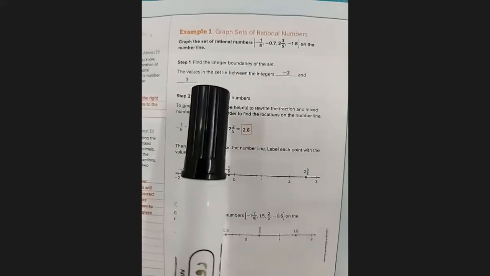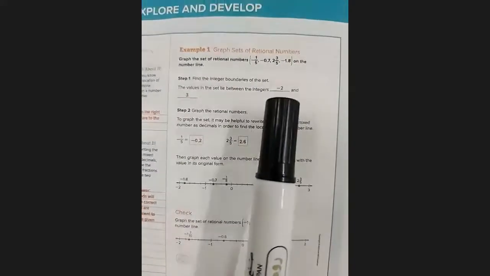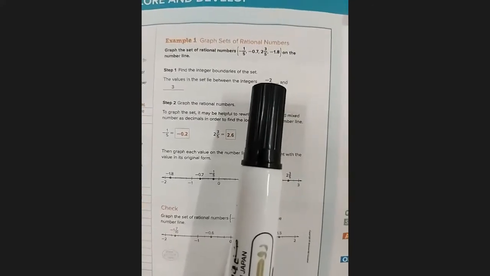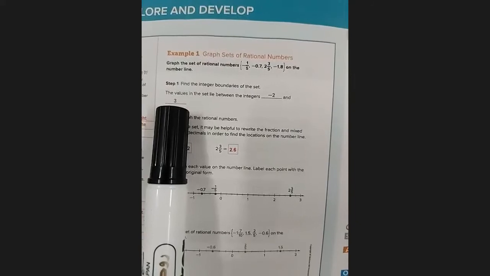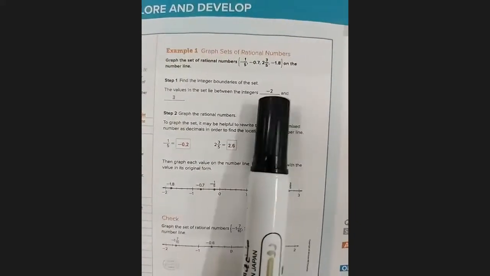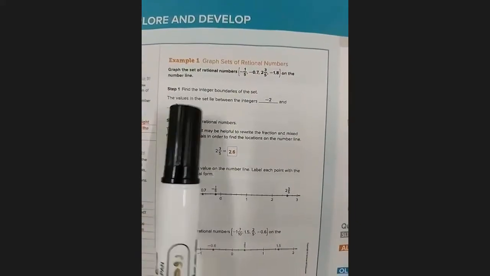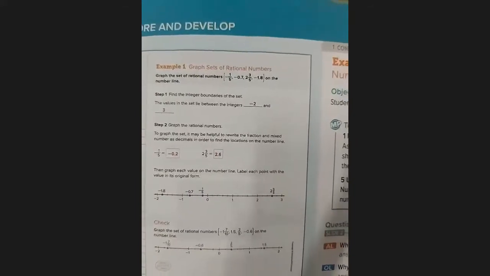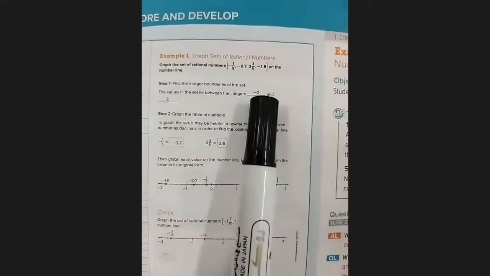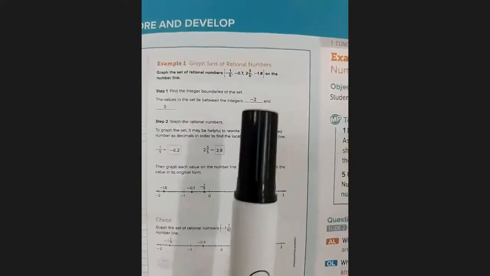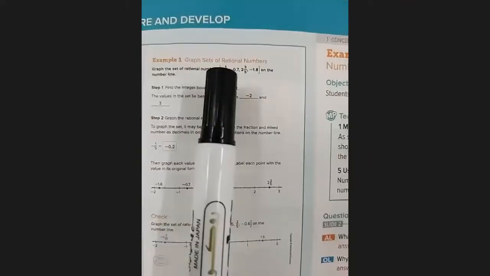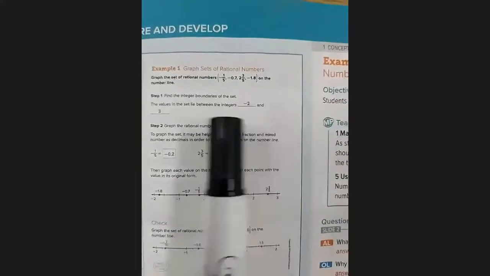Continue, Badr. Boundaries of the set: the values in the set lie between the integers negative 2 and 3, as we did on the board. So write with me, guys, negative 2 and 3. These numbers are not written in your book, so write them: the numbers are between negative 2 and 3.